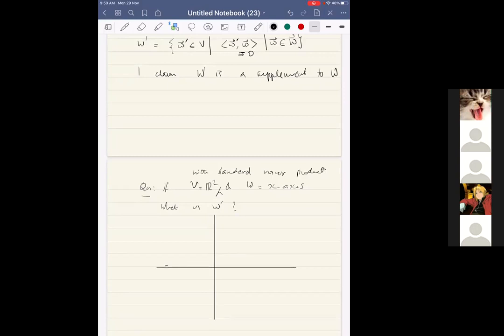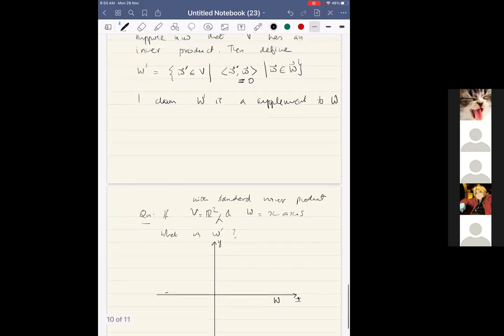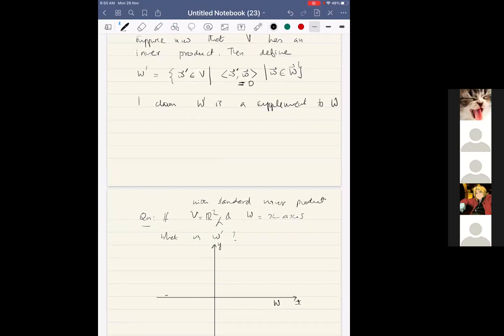V is R2, so I am allowed to draw the axes, and the x-axis is W. What is W prime? Look at the definition of W prime and tell me. Y-axis. Yeah. W prime consists of vectors which are perpendicular to any point on the x-axis. That's precisely the y-axis. So this is W prime.